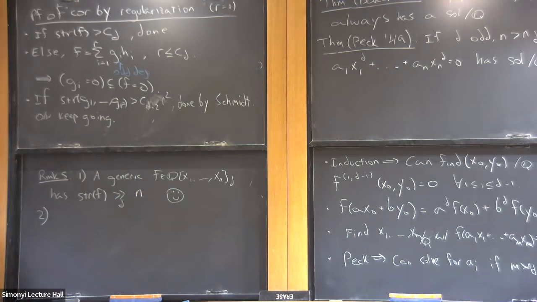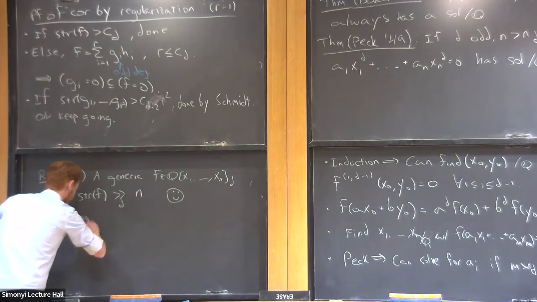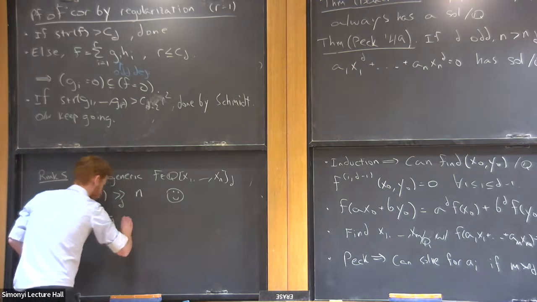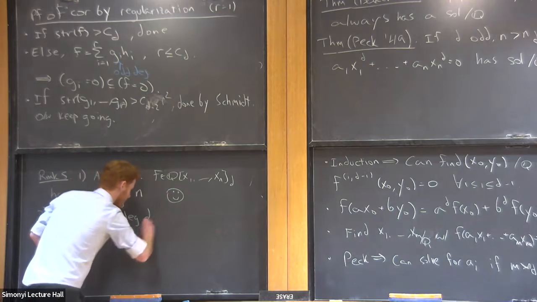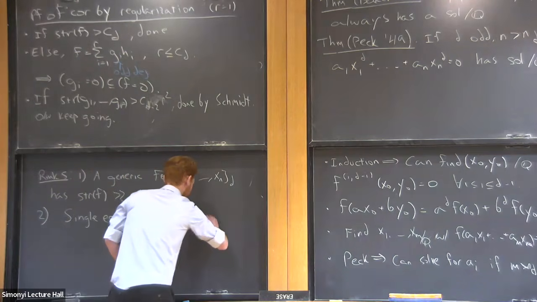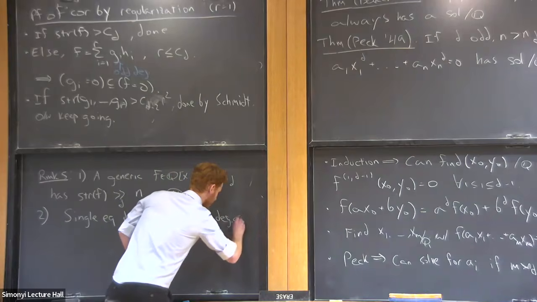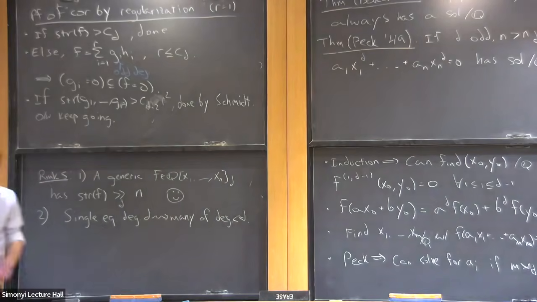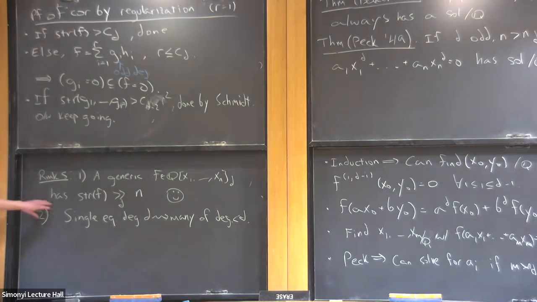So again, there's this theme that we had before, which is that if you have a single equation of degree D, then you get many equations of lower degree. Okay, so this is similar to before.